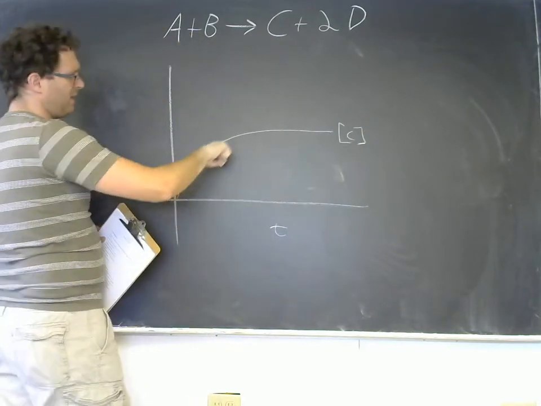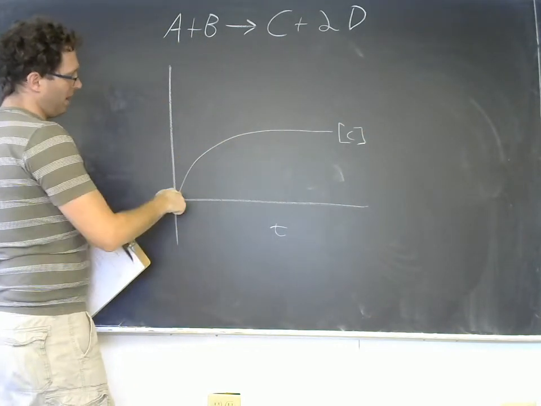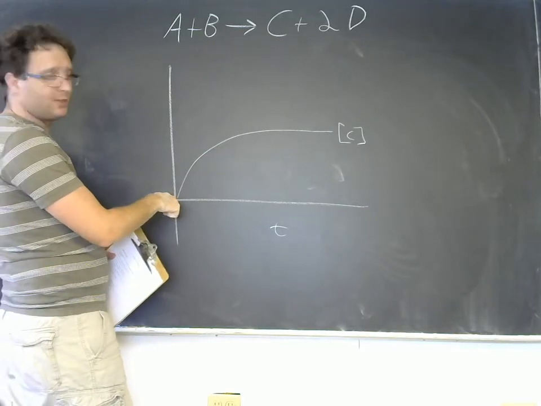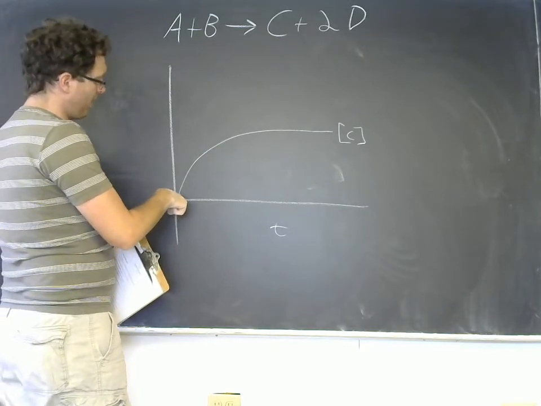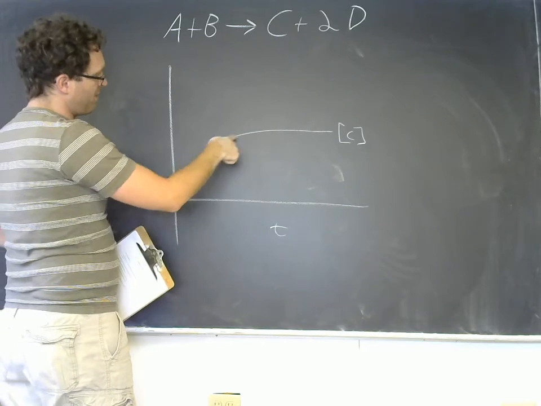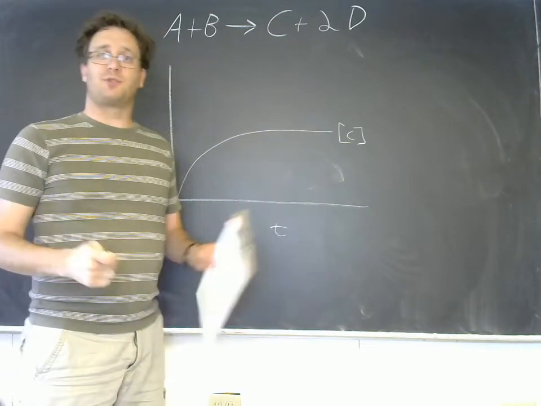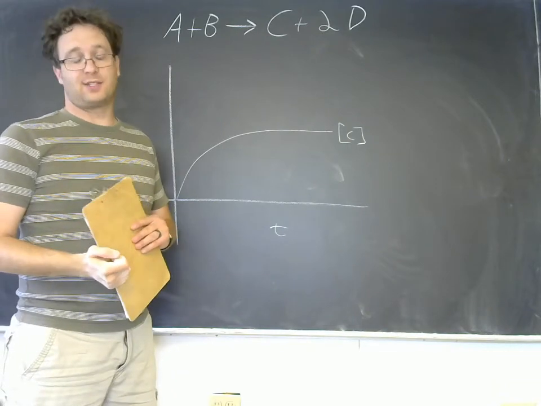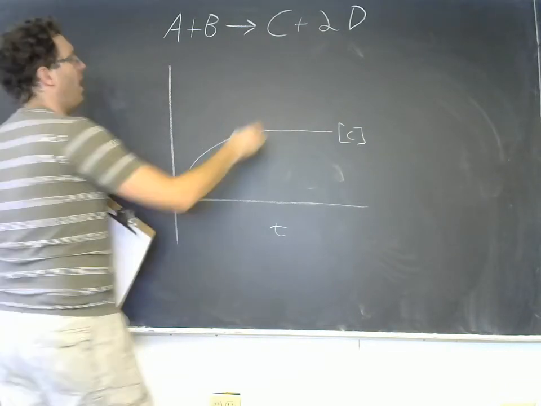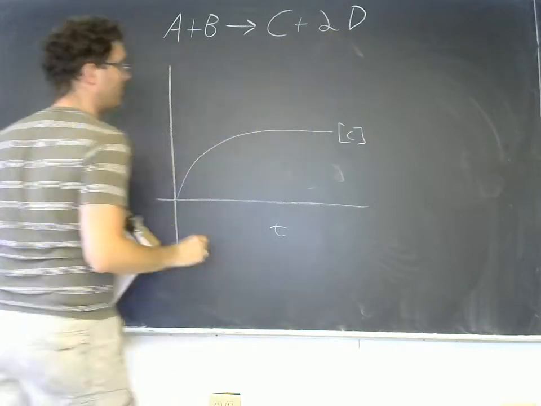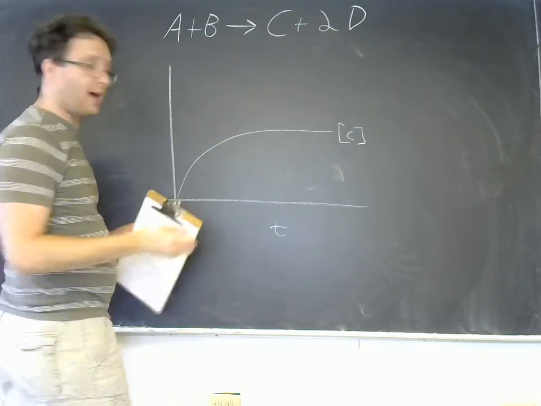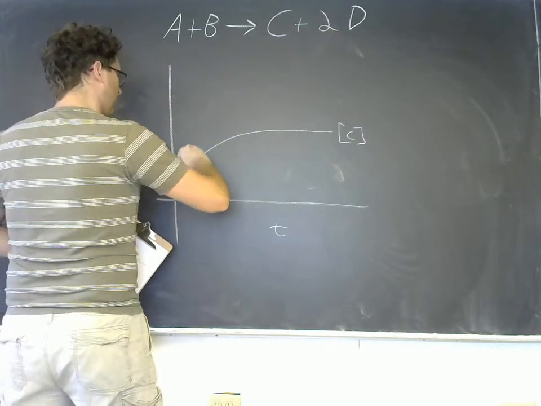Over time, you'd start with 0 concentration of that product, and it would rise over time, eventually approaching some final value, which means that the reaction has concluded. Well, if I were to graph the concentration of D at the same time, then it would look like this.